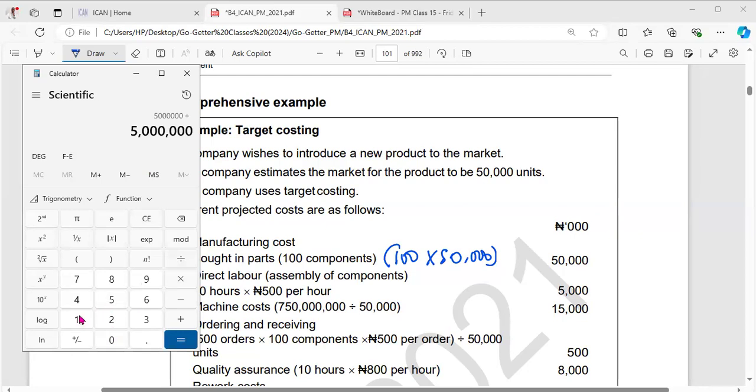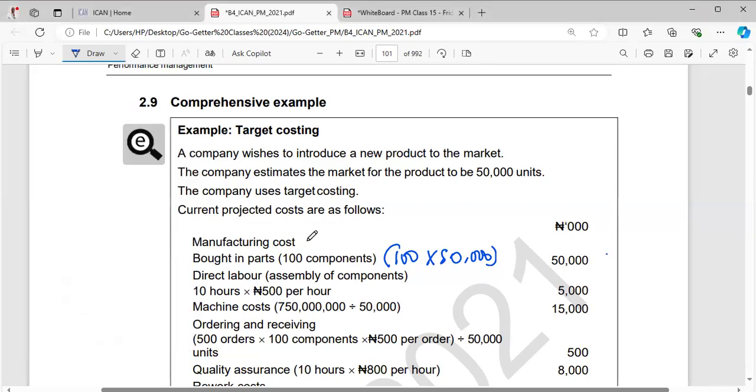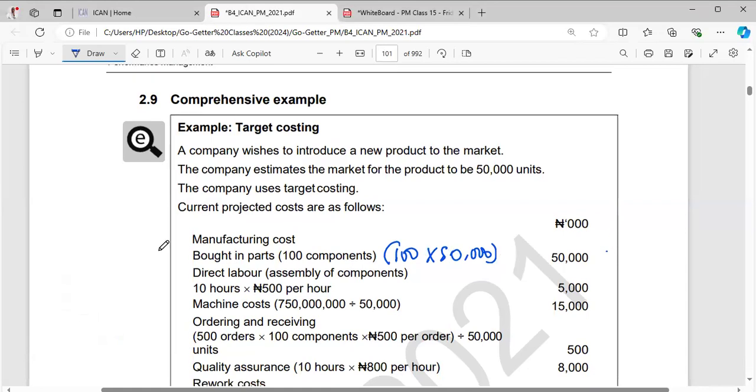Of course, there are 3 zeros down there. It's 5,000 that should be here and not 50,000, except maybe they mean 1,000 units. So for it to be 50,000, it has to be 1,000 units. Let's leave it like that. And this is 50,000. If it is 50,000 a month, then it's fine.